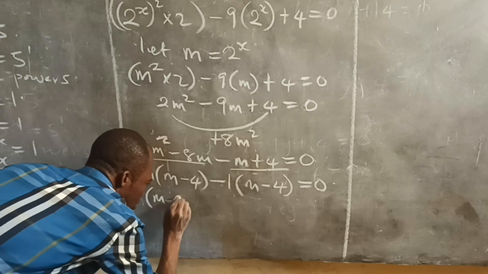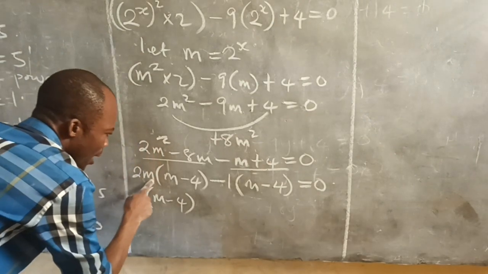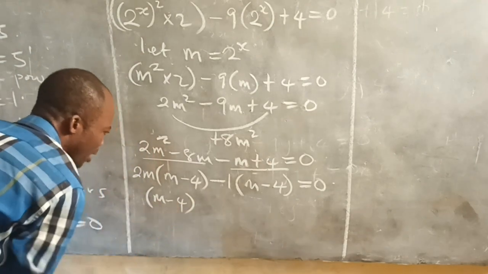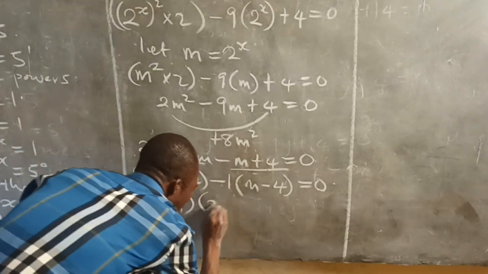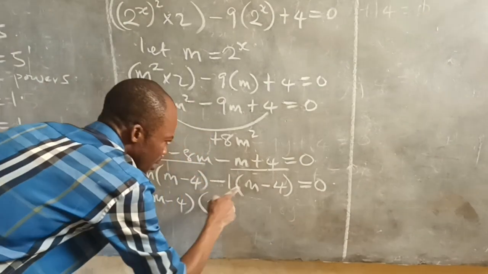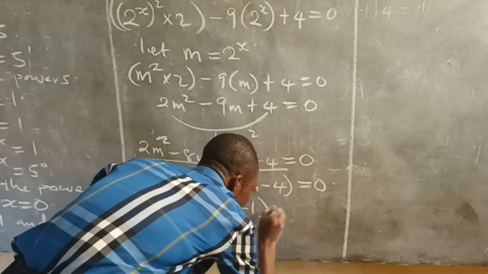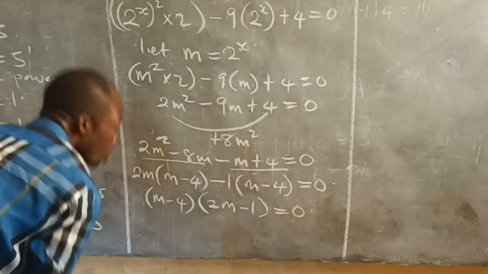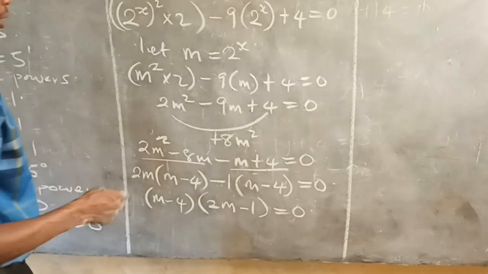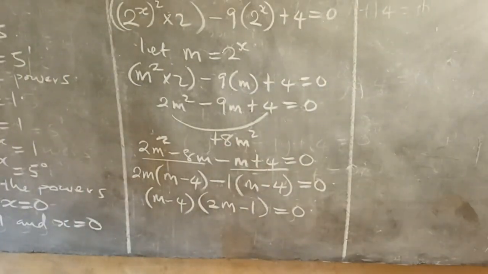So we'll have m minus 4, and then 2m into m minus 4 divided by m minus 4, you'll be left with 2m, and then minus 1 bracket m minus 4 divided by m minus 4, you have minus 1, is equal to 0. We have succeeded in factorizing the expression.